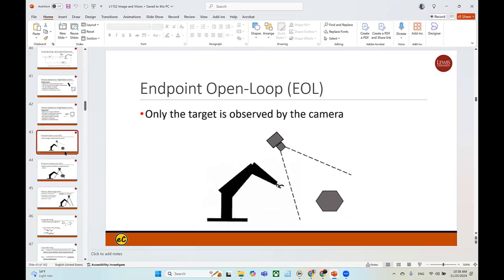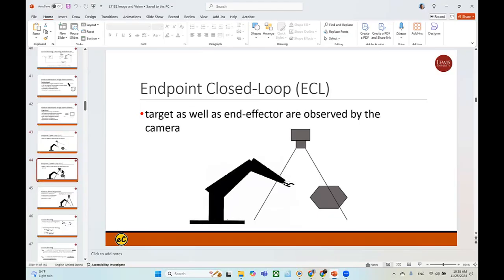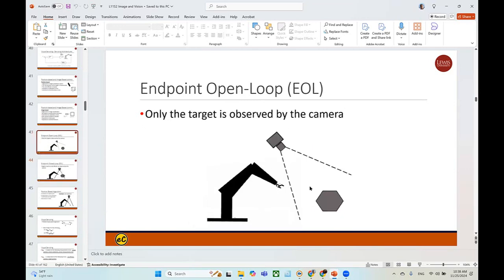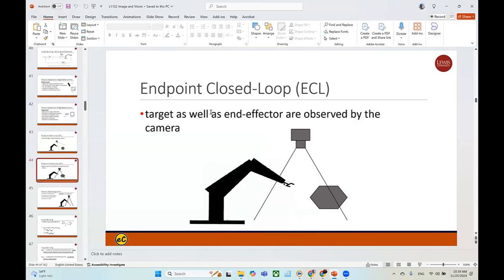There is open loop and closed loop control. Open loop means you just look at the target and use your robot arm to reach it, but there's no feedback. You just keep approaching it, no feedback. With feedback, we call it closed loop.